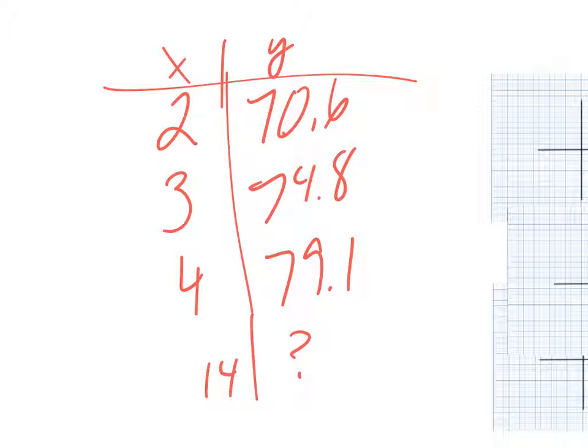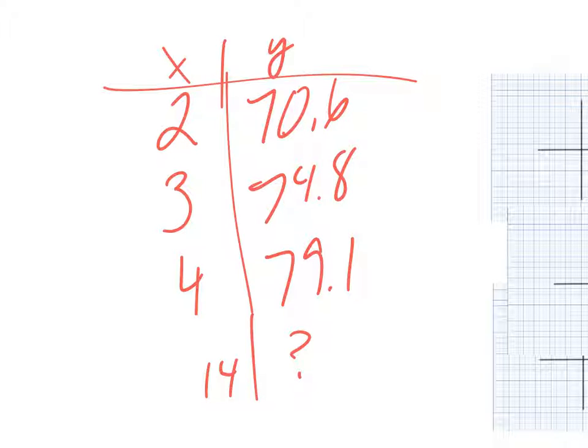Type that info in using stat. And once you hit stat, the first thing you do is edit. And you're going to edit list 1. Enter all the x data on list 1. Put in all the y data on list 2.